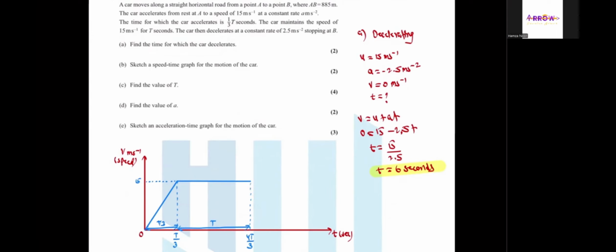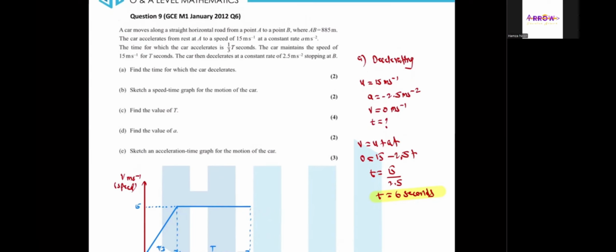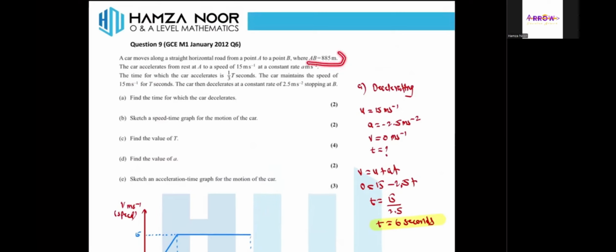Okay, and this value t over 3 would definitely be more than 6, so that we would get a significant area for the first triangle, and then we would have the area of the rectangle, and then in the last stage the area of the triangle would be 6 into 15 divided by 2, meaning 45 meters. Okay, and then we would practically be able to say that the distance between A and B is 885 meters.